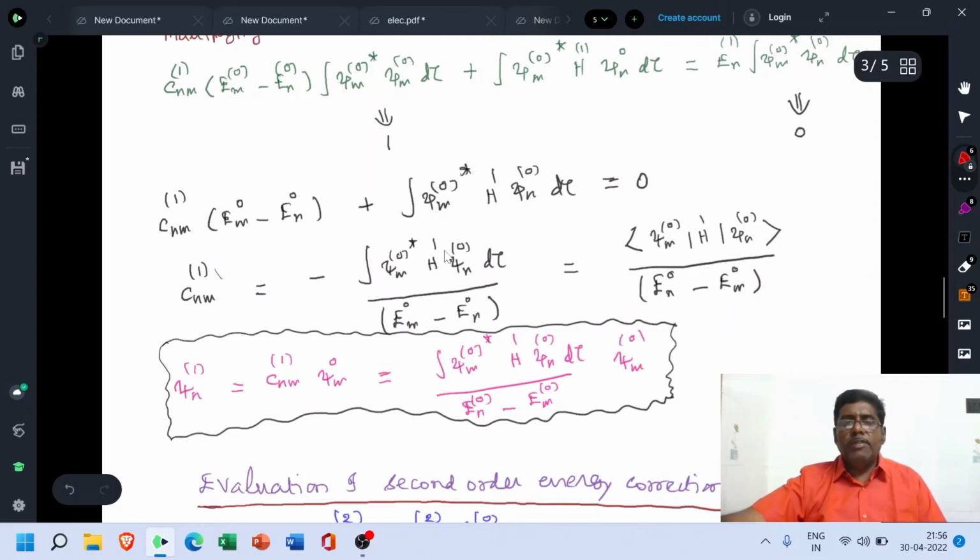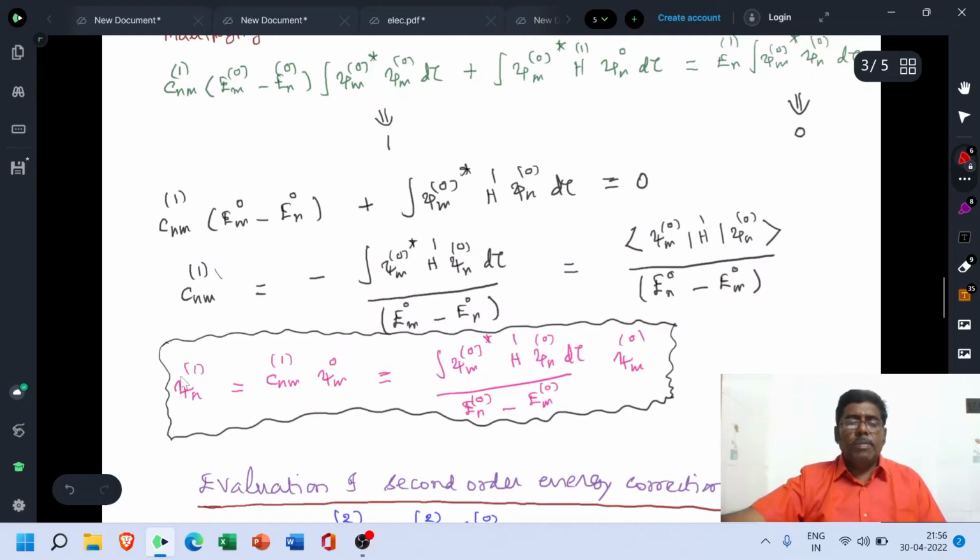We may rewrite this term, psi m0 star H1 psi n0 d tau, in matrix form, with psi m0 star presented in bra space, then H1, then psi n0 written in ket space.